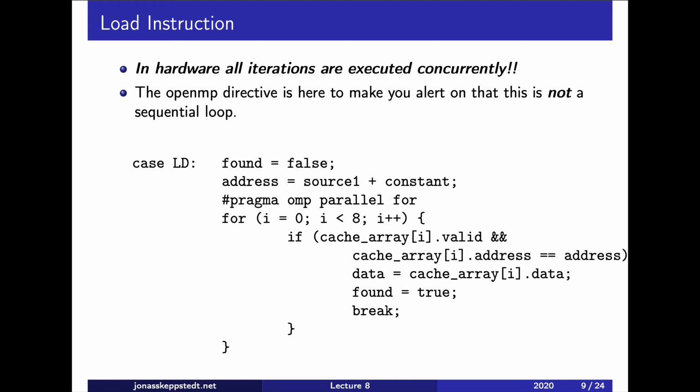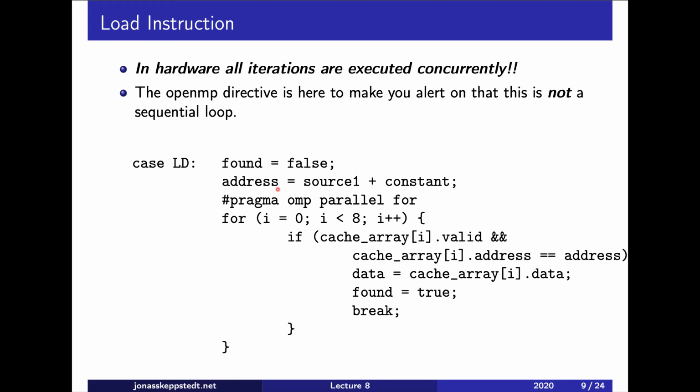So let's look. First of all, there is a for loop. This is the load instruction from machine.c. What we want to do is read the data from memory, but before accessing it from memory, we try to find it in the cache.